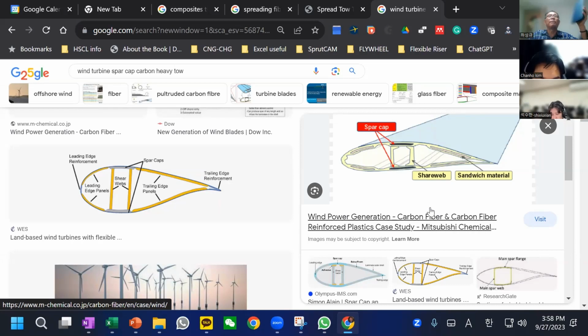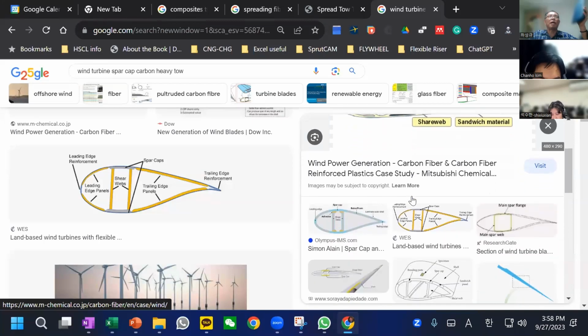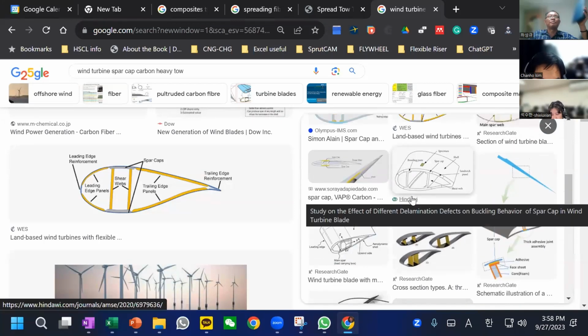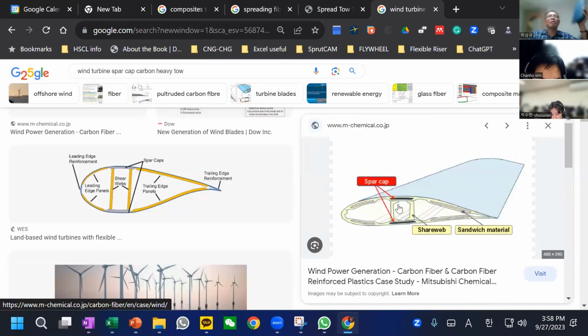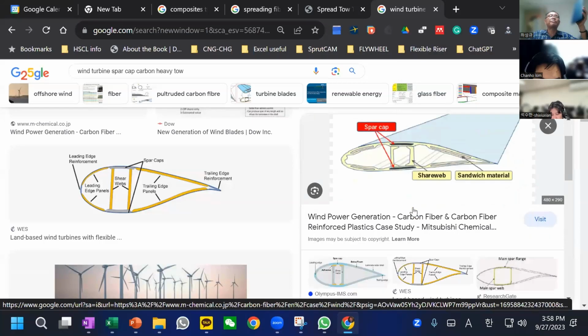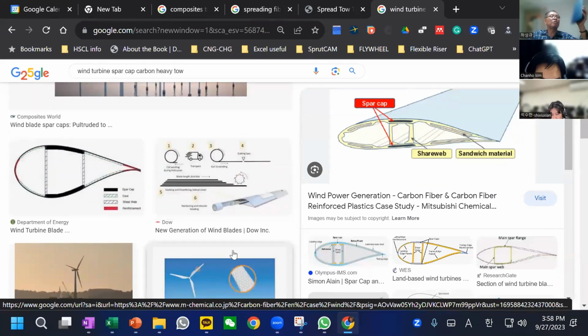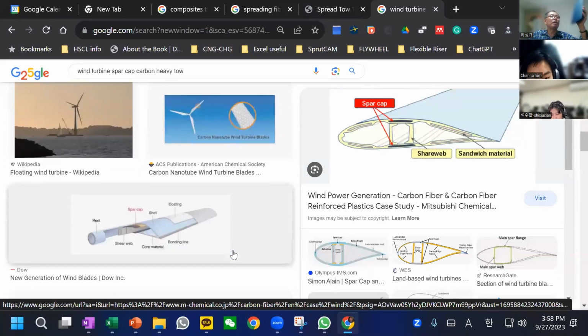Can be cheaper. And the spar cap is made by the carbon fiber. And why? Because this will carry most of the load, top and bottom. But the spar cap, imagine how much we need.